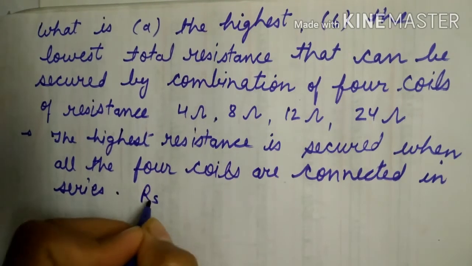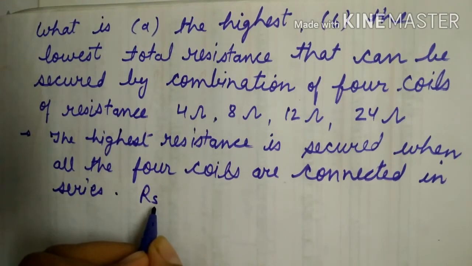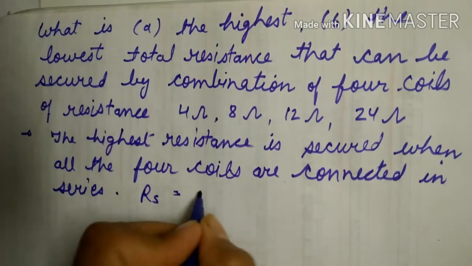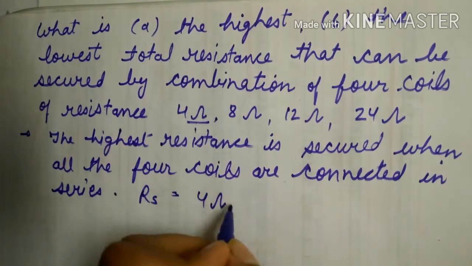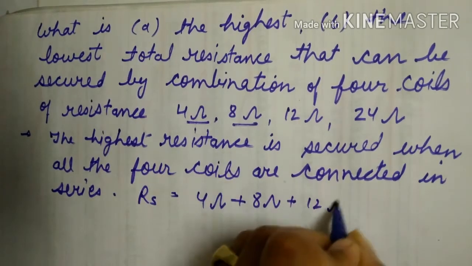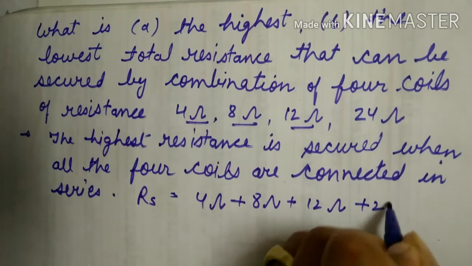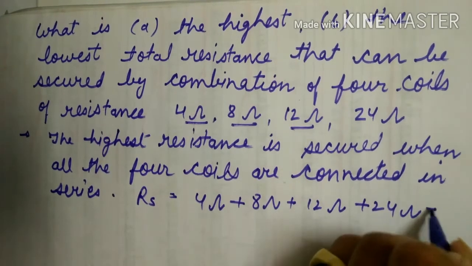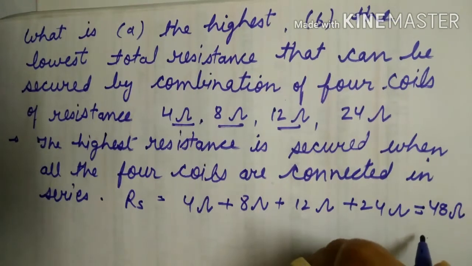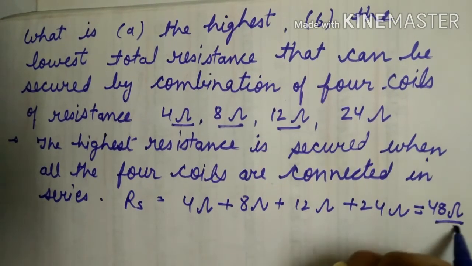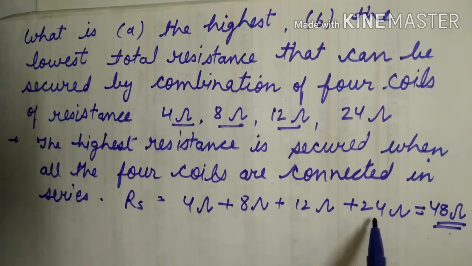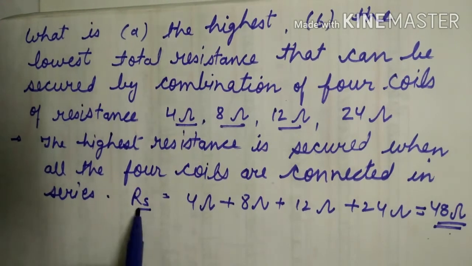Clear? So in series connection, total resistance will be 4 ohm plus 8 ohm plus 12 ohm plus 24 ohm. So it will be 48 ohm. Is it clear to you? This is the highest total resistance when we connect all the resistors in series.